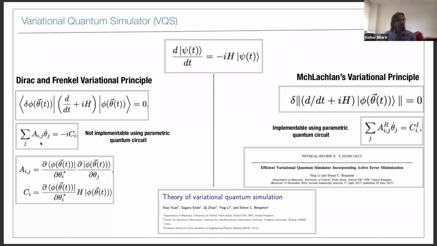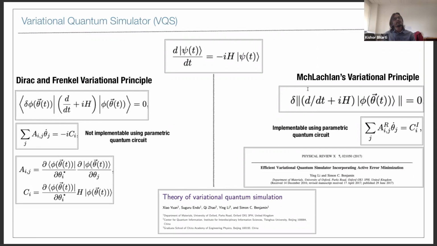But one problem you can straightforwardly see here is that this variational principle is not implementable using a parametric quantum circuit, because A and C can be complex, and as theta changes, under the evolution theta can become a complex number. But normally, in a parametric quantum circuit, theta corresponds to gate angles, which have to be real valued, which means it cannot be implemented on current devices.